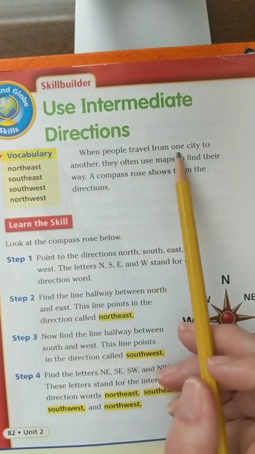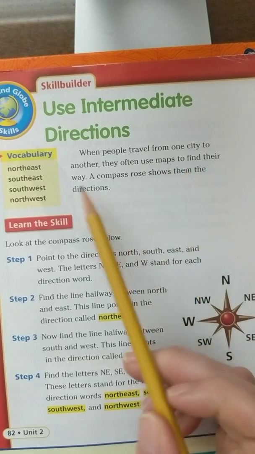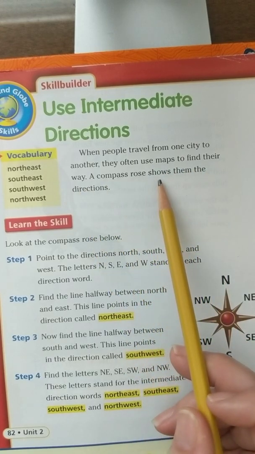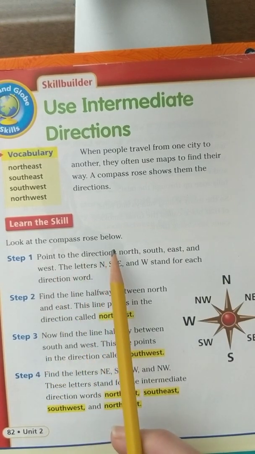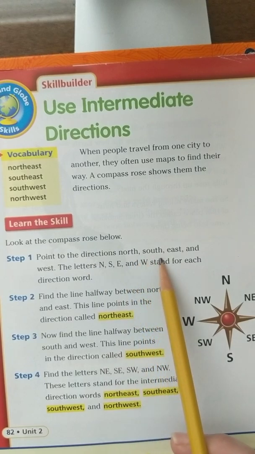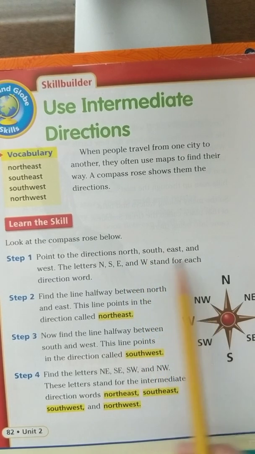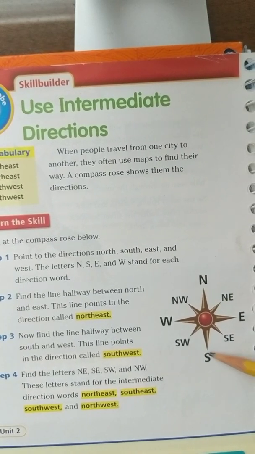When people travel from one city to another, they often use maps to find their way. A compass rose shows them the directions. Look at the compass rose below. Point to the directions north, south, east, and west. So let's look at those. North, south, east, and west.